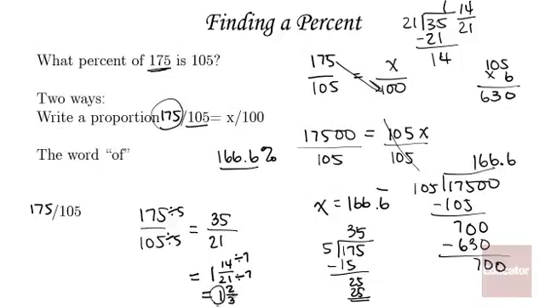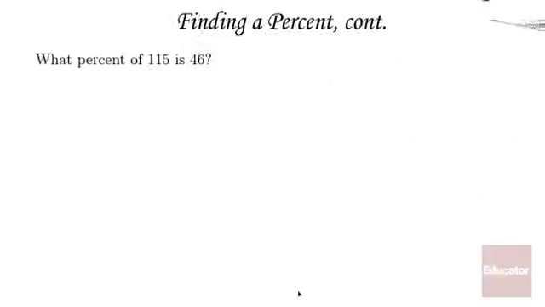So that 1 represents 100%, and the 2/3 would be your 66.6 as a fraction. So 100 and 2/3. So the 1 represents your 100 with the 66.6%.